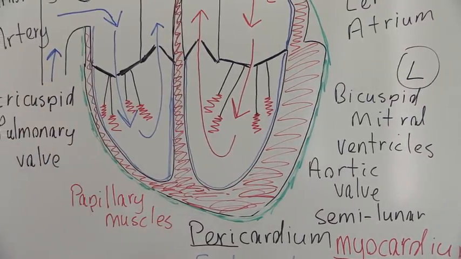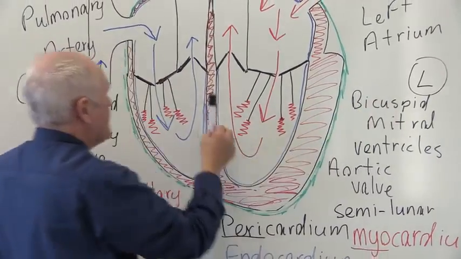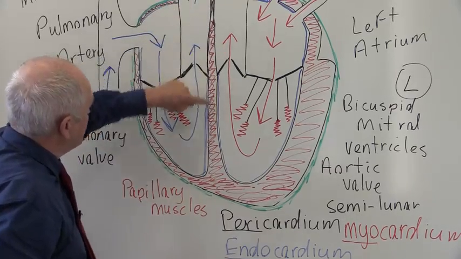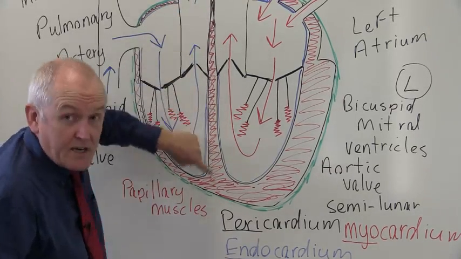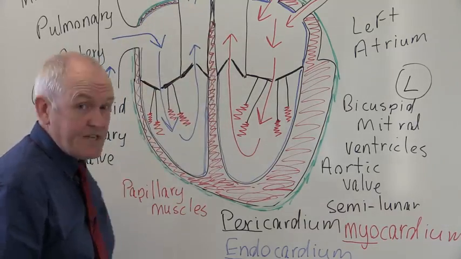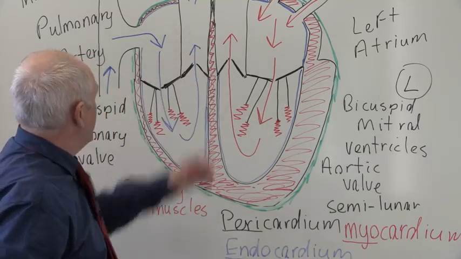So what we see is that the heart is in two sides, the left side and the right side. And there is a structure separating the two sides. Now, a structure in anatomy which separates is called a septum. And of course, this is the heart.